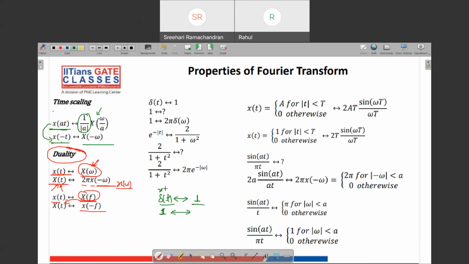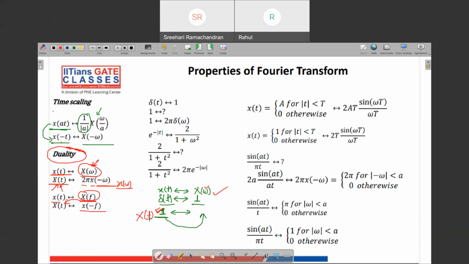So you can think of delta t as x of t, and this 1 as X of omega. In the time domain also we have 1, and for this we want to calculate the Fourier transform. If you see this X of omega and this signal, these two are the same signal. Only the variable is omega here, and here the variable is t. It is capital X of t here.